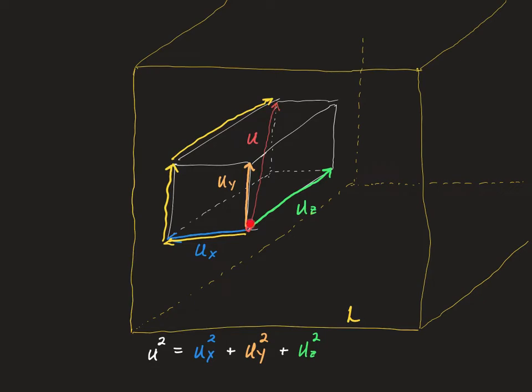It is a hypotenuse, so that hypotenuse of that box is equal to the movement in the x direction squared plus the movement in the y direction squared plus the movement in the z direction squared. And so we can express the overall velocity vector in terms of the 3 component vectors, one in the x direction, one in the y direction, one in the z direction.